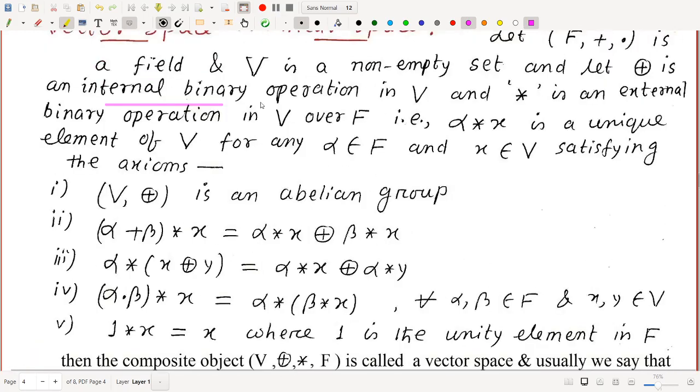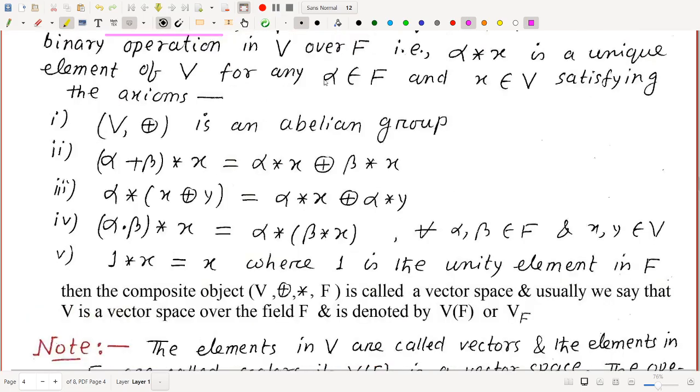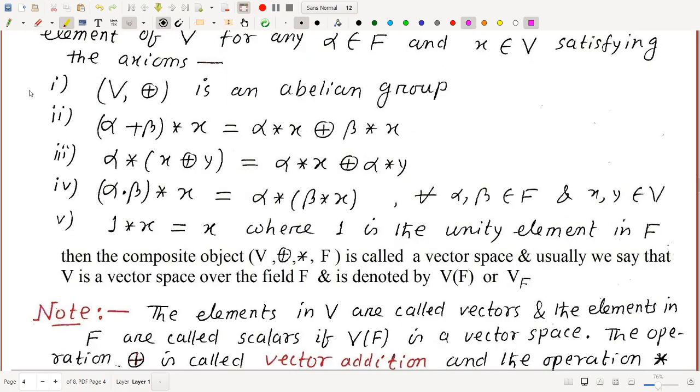And these two operations, circled plus and star, satisfy the following axioms or conditions. Number one, the ordered pair (V, circled plus) is an abelian group. I already told you we should know what a group is. Here it is an abelian group, meaning a commutative group; that is, the operation is commutative: a circled plus b equals b circled plus a.